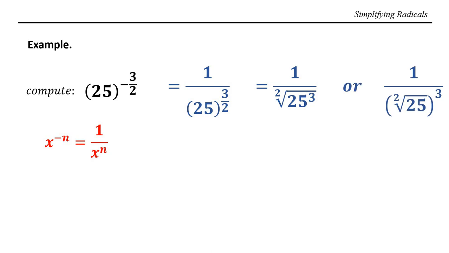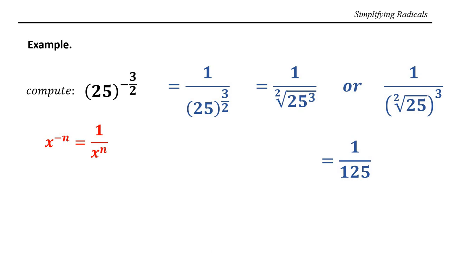If we wrote it like this, where we have the square root of 25 cubed, that is going to be easier to solve. Because in our first option, we would have to cube 25 and then take the square root. Versus our second option, we can take the square root of 25, which is equal to 5, and cube it. So 5 cubed would be equal to 125. Therefore, our final answer would be 1 over 125.